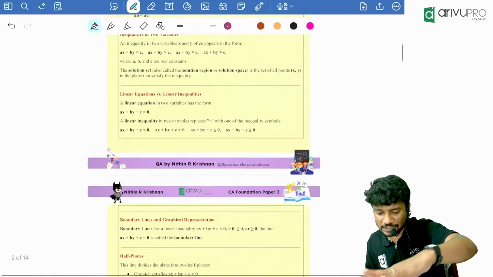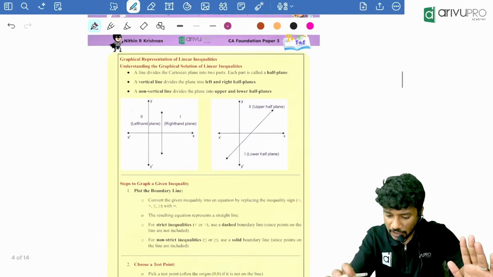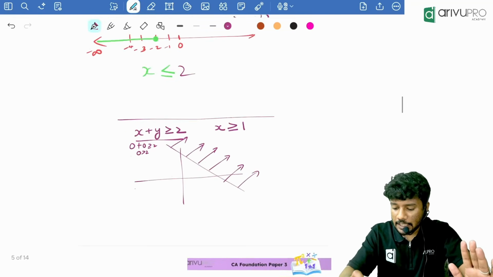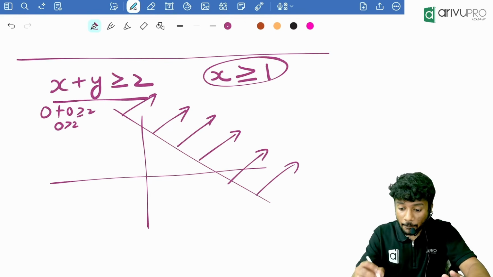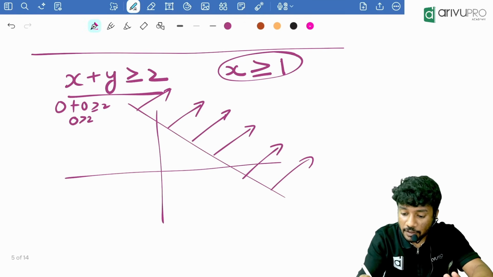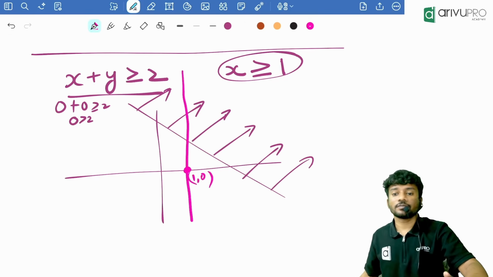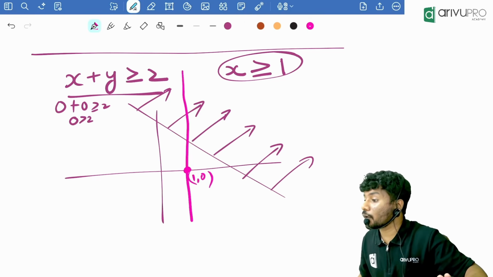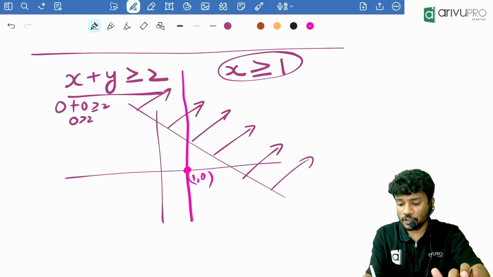Similarly, for x is greater than or equal to 1, the graph is parallel to the y-axis. Passing through which point? This point is called 1, 0. It passes through x is equal to 1. Now, greater than or equal to 1 means towards the right hand side or towards the left hand side?